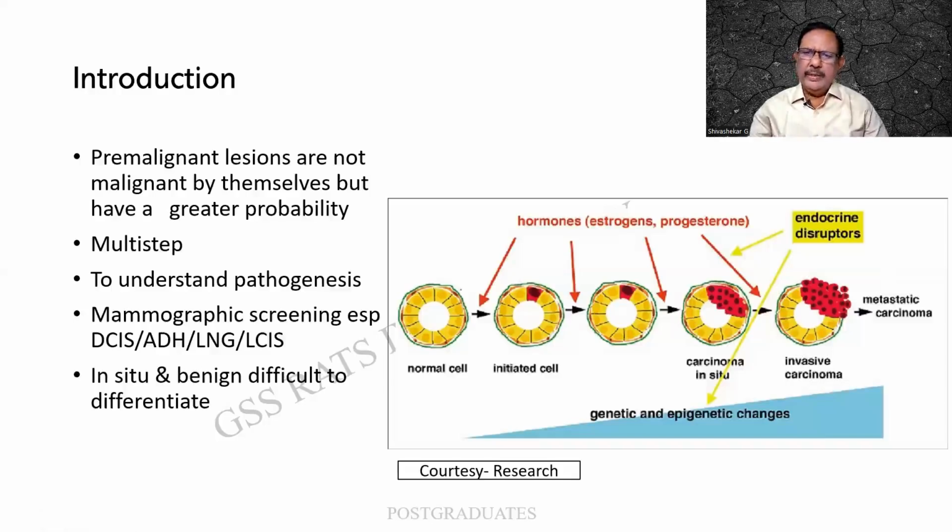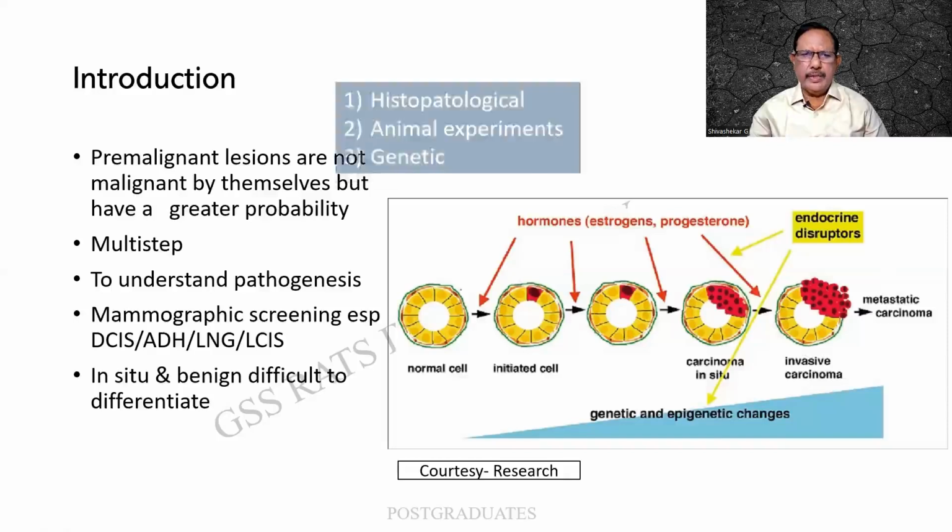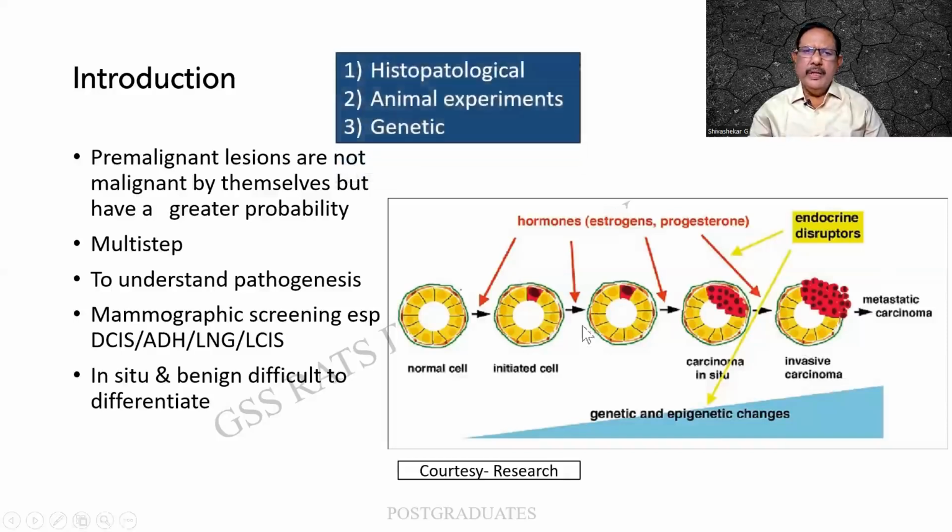In all this, you find that endocrine factors, genetic and epigenetic changes play a vital role. It shall be my profound responsibility to deal with these topics later on. But today, we shall confine ourselves to the precancerous lesions in the breast, to which it has been mentioned that histopathological changes, animal experiments, and genetic sequencing have played a role in unraveling the mystery.